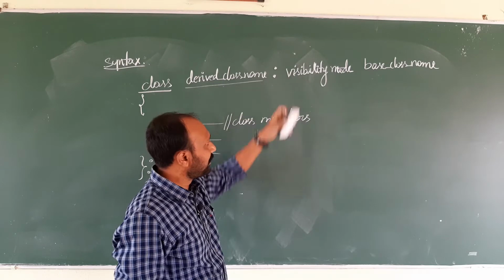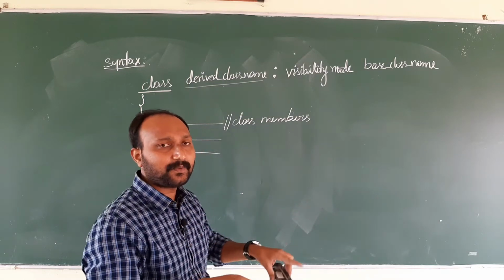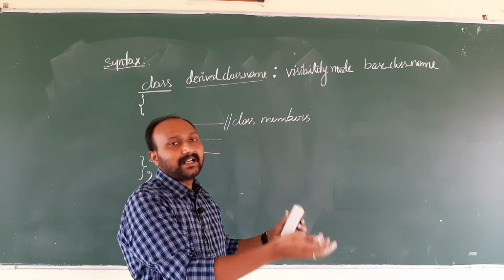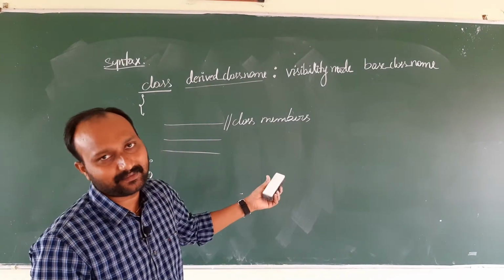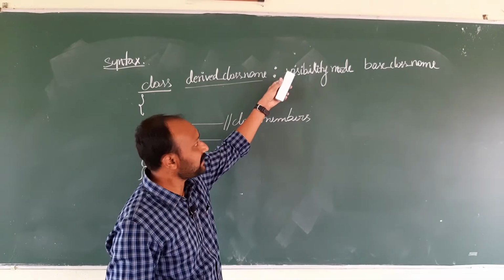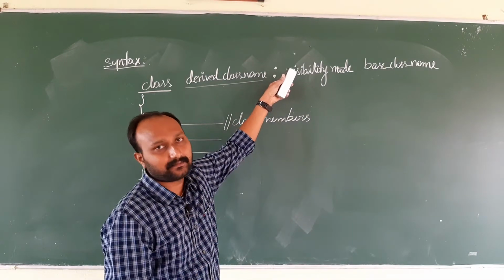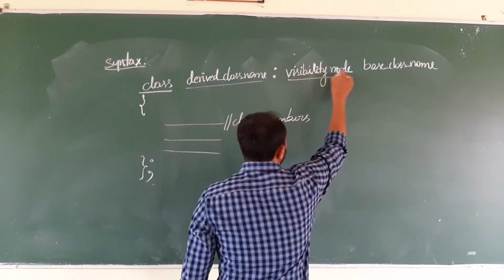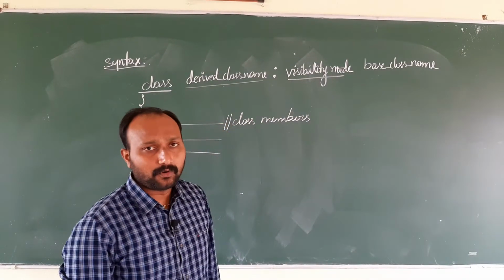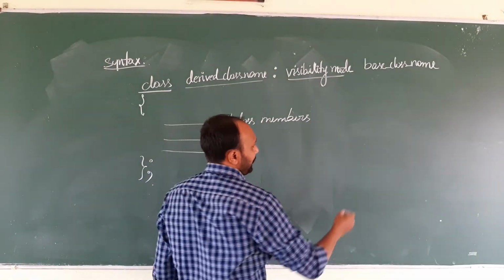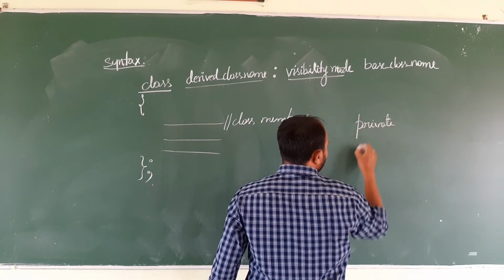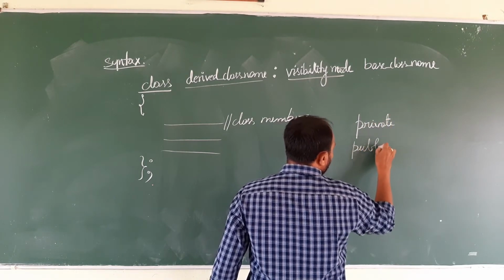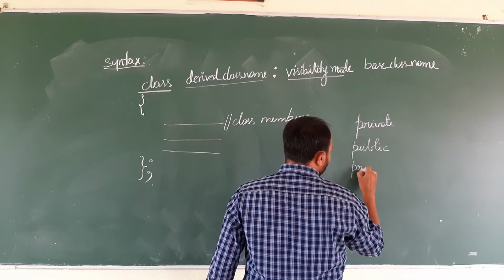It says that we are building an association between a new class and an old class. Old class is base class and a new class is derived class. Okay, it indicates that we are going for inheritance, and followed by that there will be a visibility mode. Visibility mode can be either private, public, or protected.